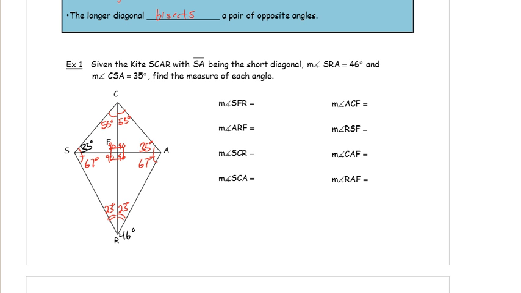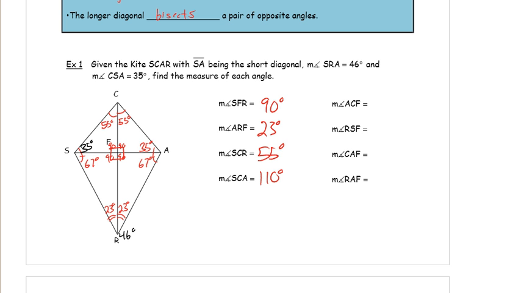SFR. So S to F to R, that is our 90 degree angle. You can work ahead and see if you can plug everything in. ARF, and then just fast forward, A to R to F is going to give us 23 degrees. SCR is 55 degrees. Make sure you get that middle letter at your point. SCA is going to be the whole thing, so 55 plus 55, or 110.